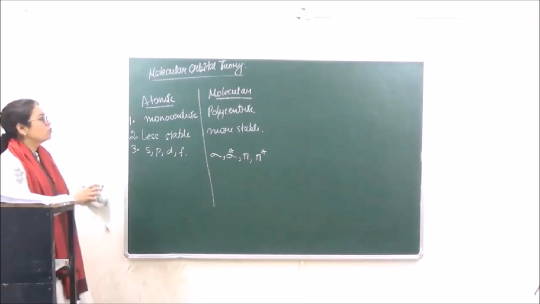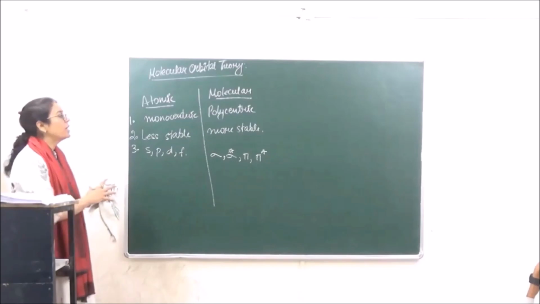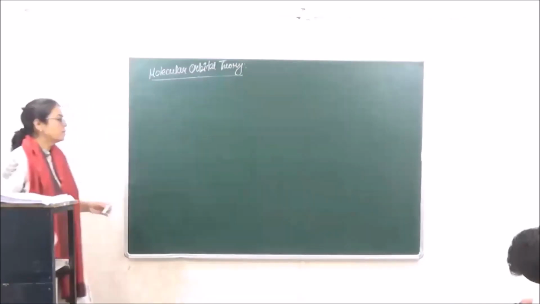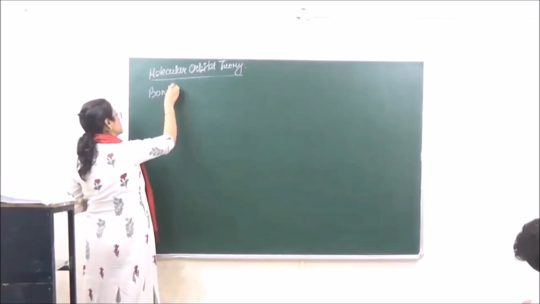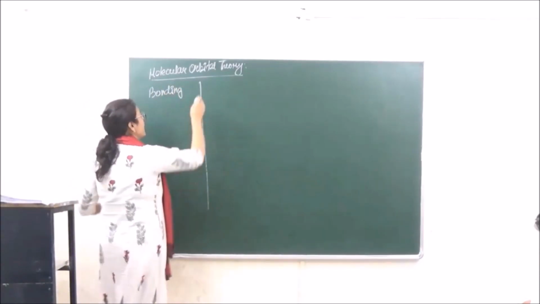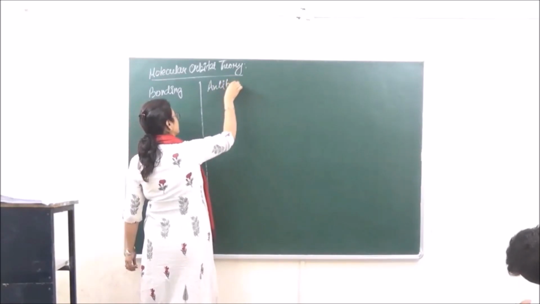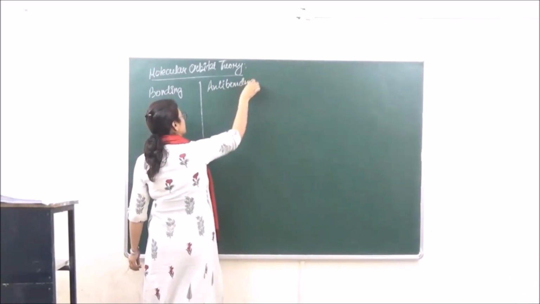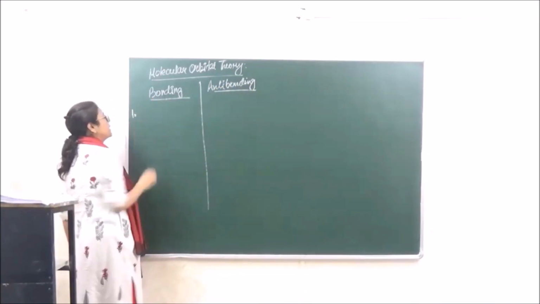Let's go on to the second type, differences between bonding and anti-bonding molecular orbitals. What is the difference between bonding and anti-bonding molecular orbital? Okay?